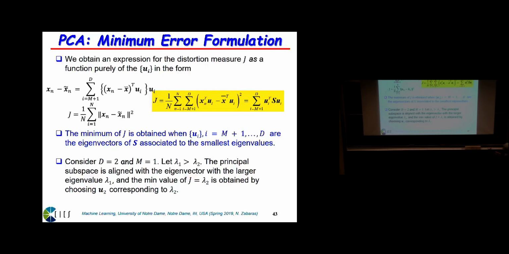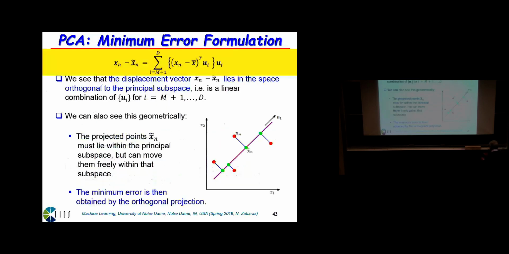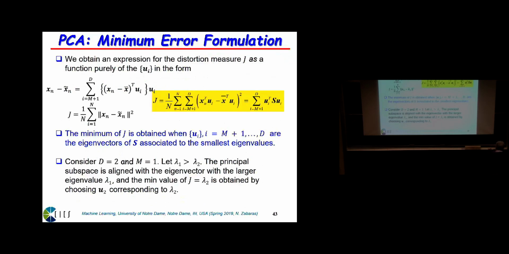If I reverse the order of summations and put this outside and the summation in n inside, can you start imagining that this is equal to that? There is a summation in n and then a summation in i from M plus 1 to D. If you reverse the order of these two summations, can you see why the second summation, 1 over N summation over n of this square, will give me this?